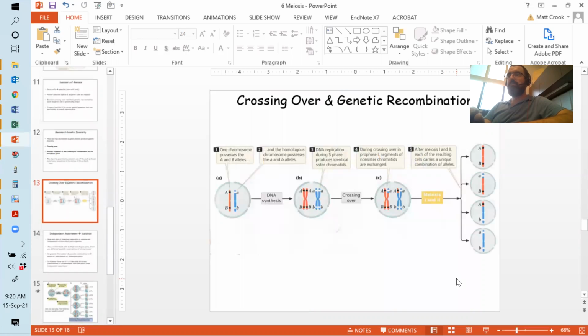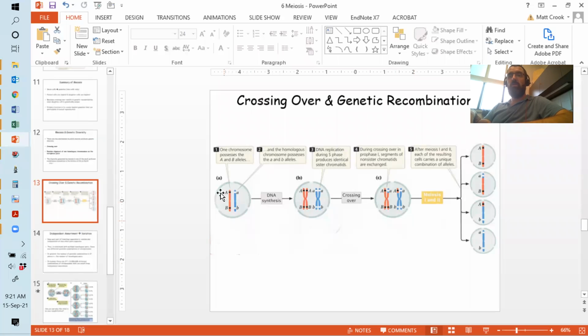Here you go. So if you have an individual that's heterozygous for 2 genes on a chromosome, when those are copied and go through crossing over, you can end up with different combinations of alleles.